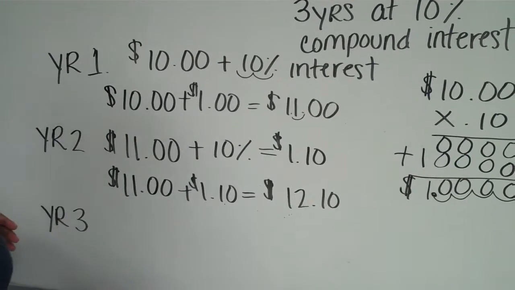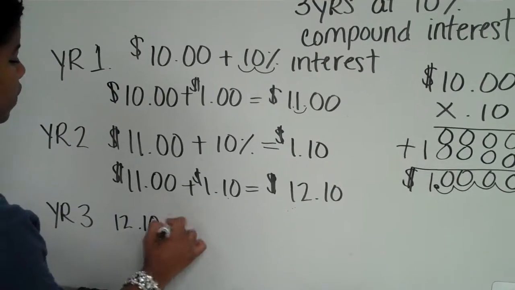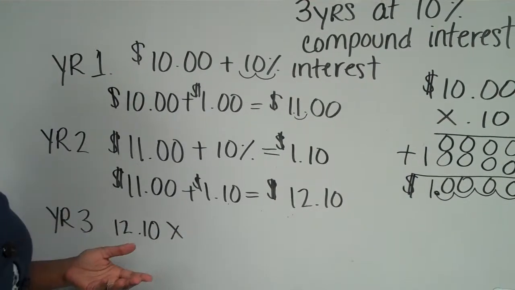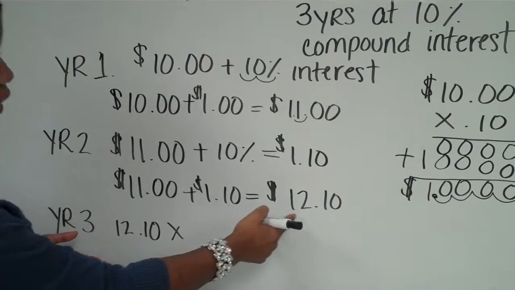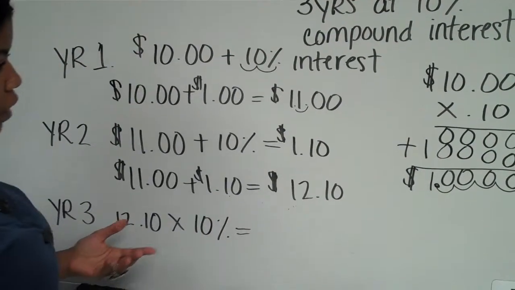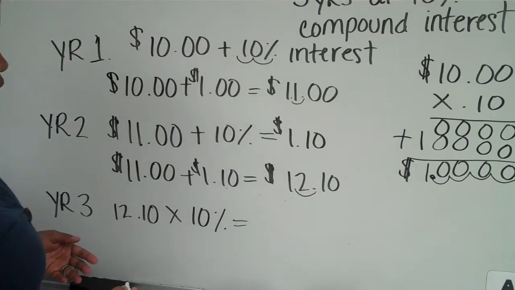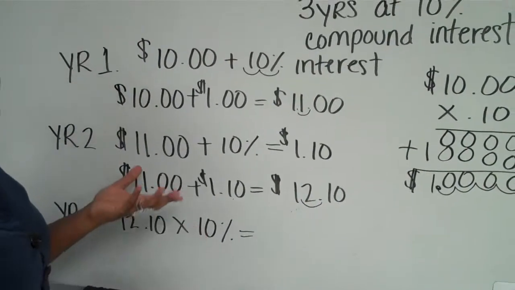So the end of year 3, she owes $12.10. Again, she has to pay 10% interest year 3, but on that new amount. So it's times 10%. We know that by moving the decimal back 1 decimal place, that's going to take us to 10%.